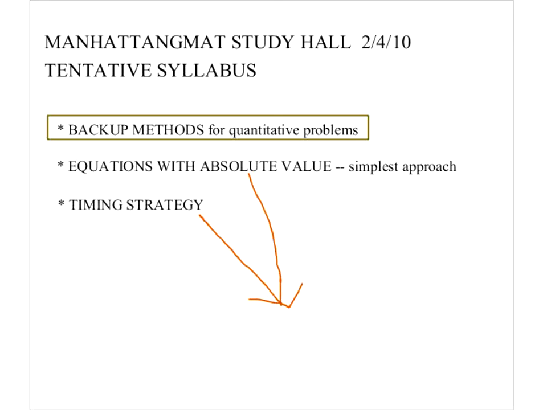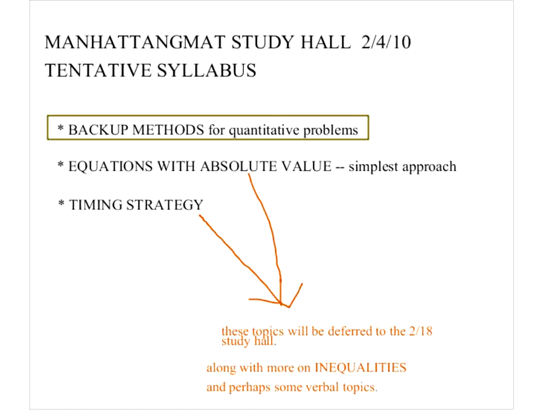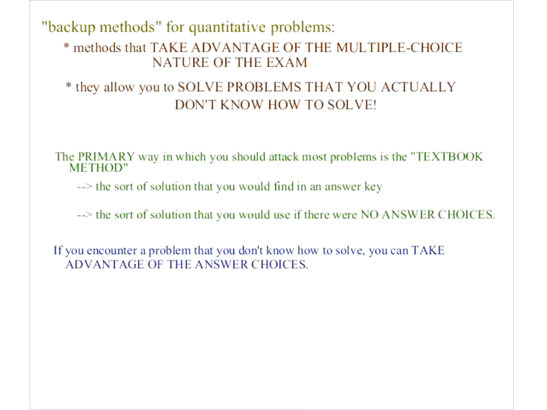So these topics will be deferred to the 218 study hall. We'll do equations with absolute value, and then we'll also do some more on inequalities, and perhaps some verbal if time permits. But please go ahead and keep submitting stuff, and we will eventually get around to it.